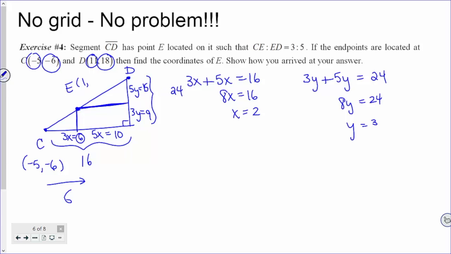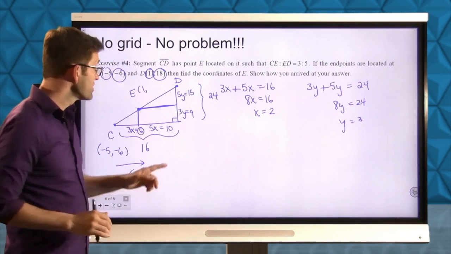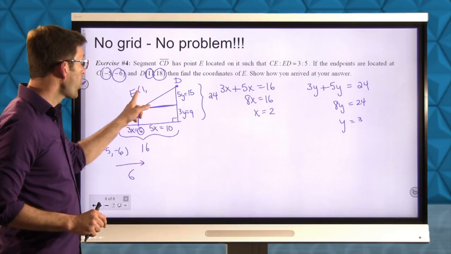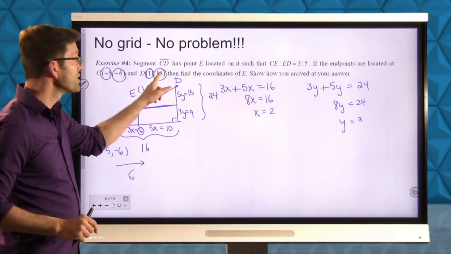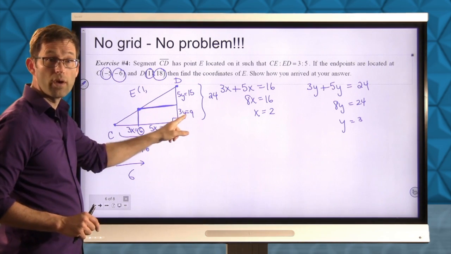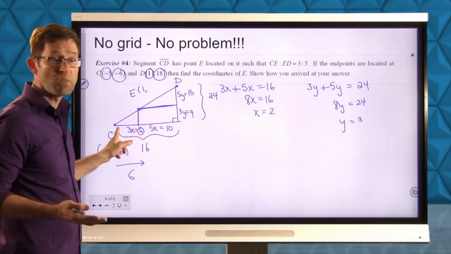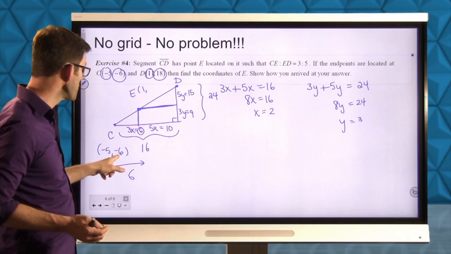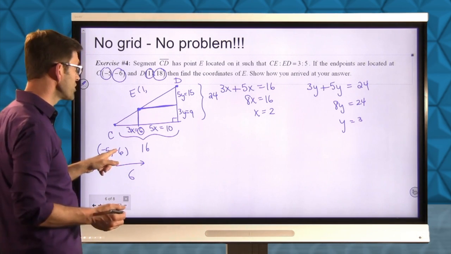That doesn't look like a very good 15. Let me rewrite it so that you can see it on your video better. This is 15. Now the beautiful thing is, that means that the y-coordinate of E is either 15 units below D, or 9 units above C. Either way. Let's go just with C. So C starts at -6, right?